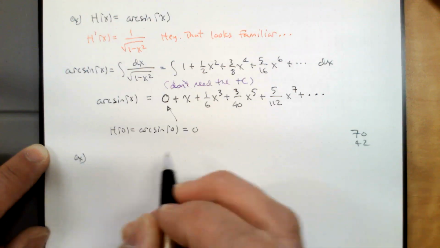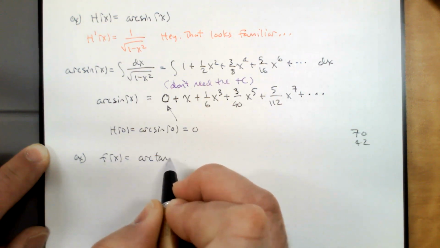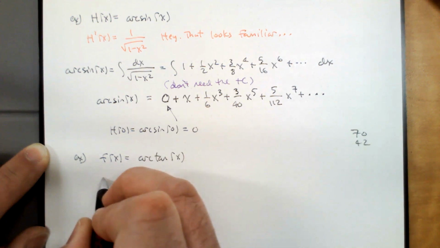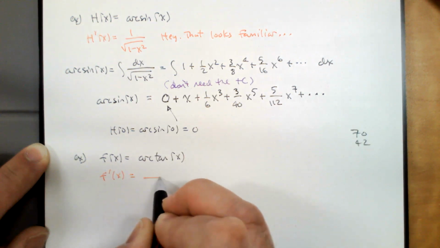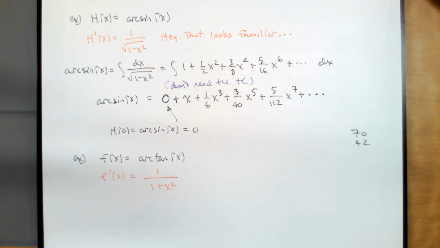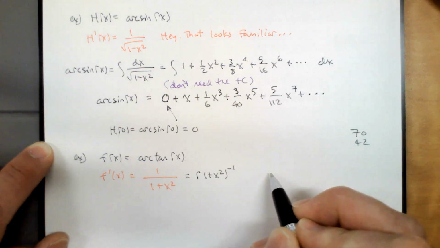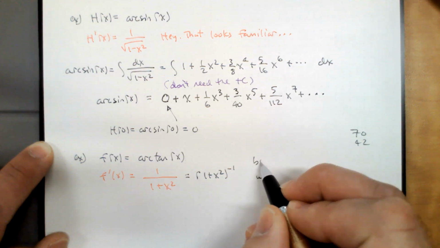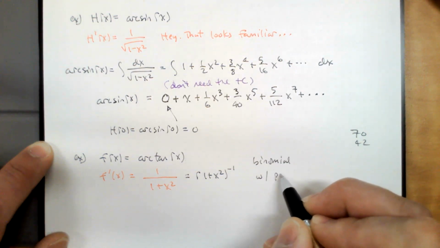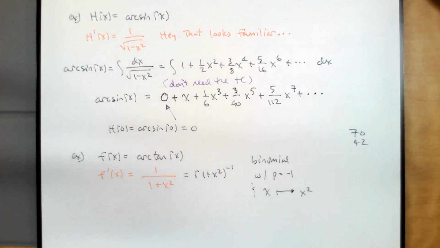So the derivative f prime is 1 over 1 plus x squared, which is binomial with p equal to 1/2 and trade your x for an x squared. Sorry, p equals -1. Then integrate.